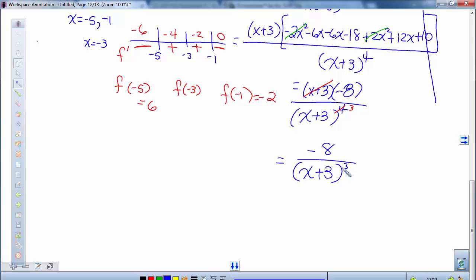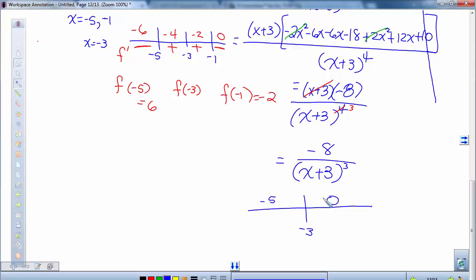And it only has an important point at what? At negative 3, right? Okay, only at negative 3. So I just need to look on both sides of negative 3 to figure out what the concavity is. I'm going to pick negative 5 and 0.